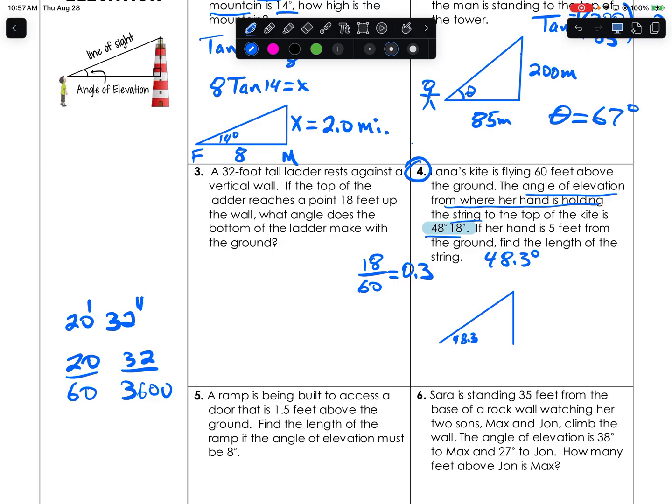If her hand is 5 feet above the ground, what is this distance right here? So it's not 60, but it's 55, right? Because she's standing, right? And her hand's holding the little kite string like that, right? So she's 5 feet. So this distance right here is 5 feet.